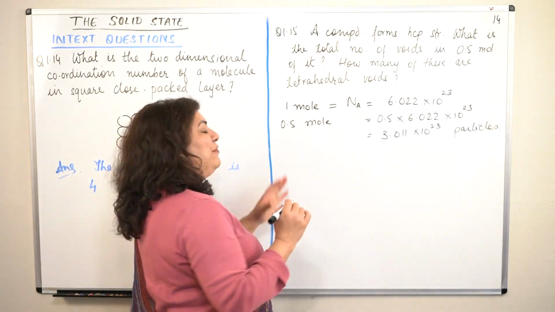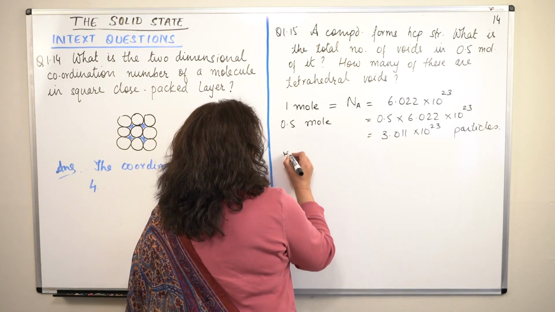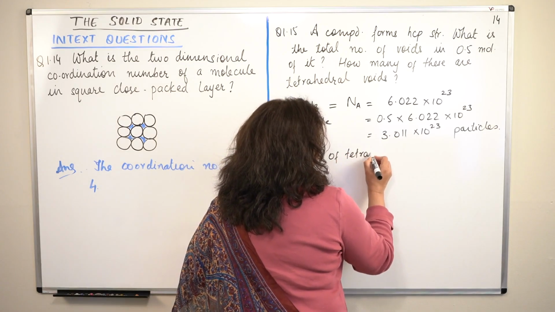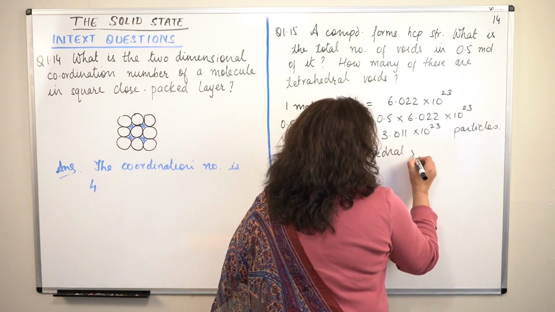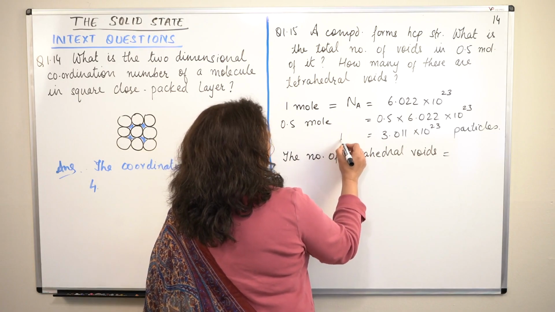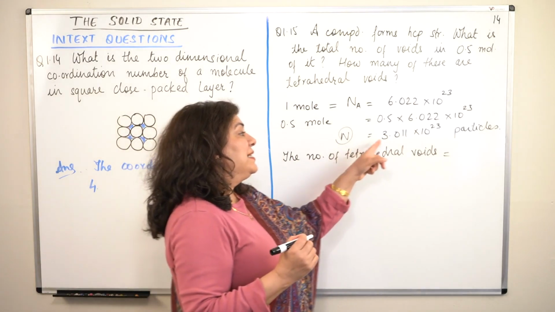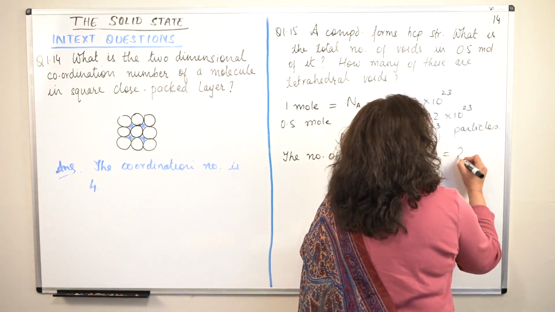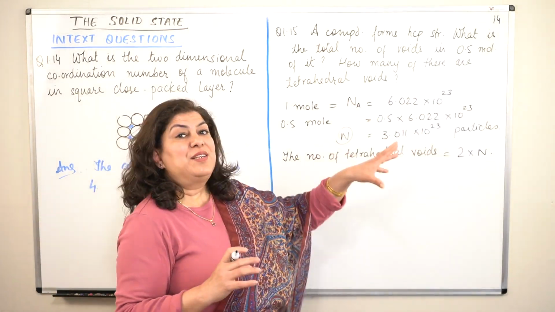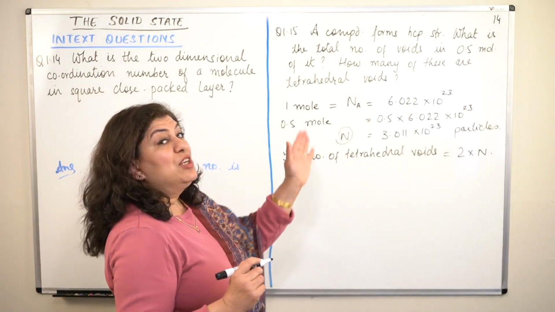Because we know that for a substance in HCP packing, the number of tetrahedral voids is equal to, let us say that this number is n, any number n. Tetrahedral voids would be twice of n. Okay, they'll be twice the amount of atoms or composing particles. Tetrahedral voids are twice the number.